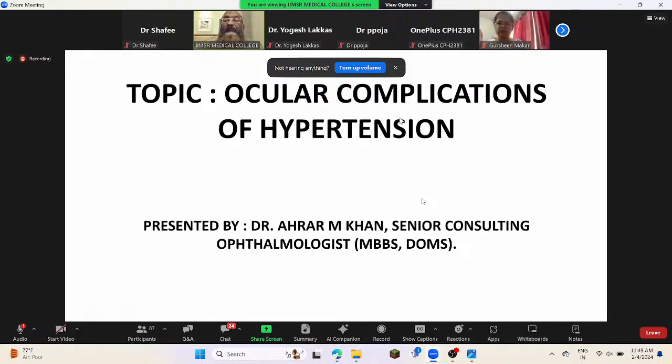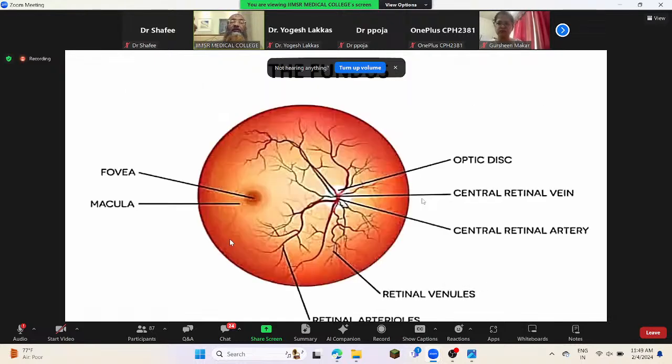The topic, as is already clear, you have seen it. Most of the hypertensive changes take place in the eye in the posterior segment, that is, in the backside of the eye.